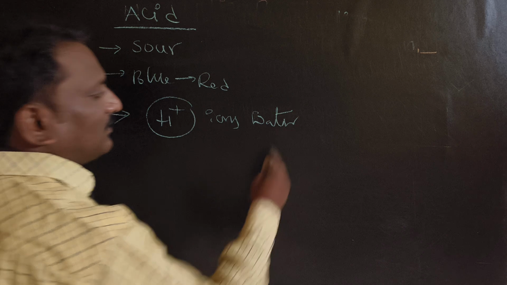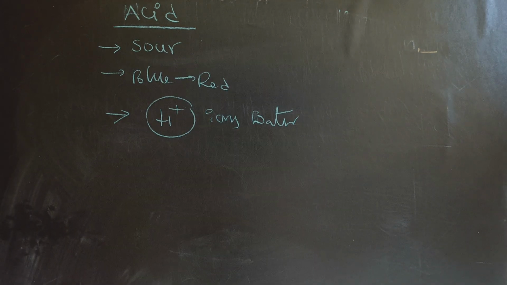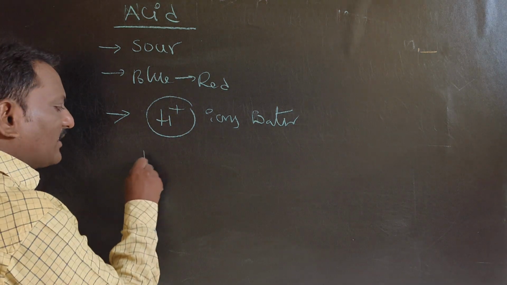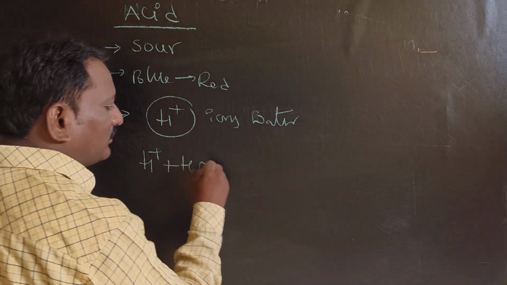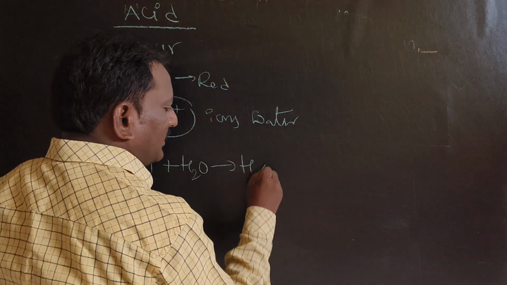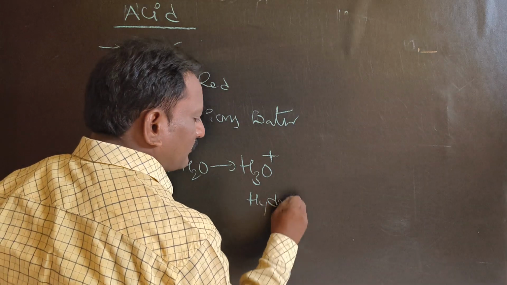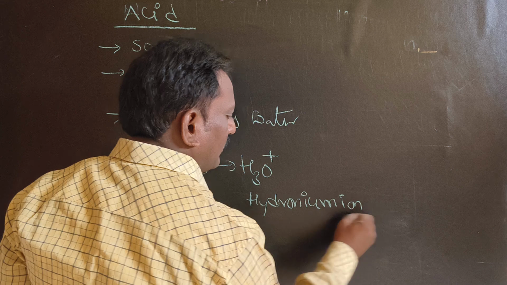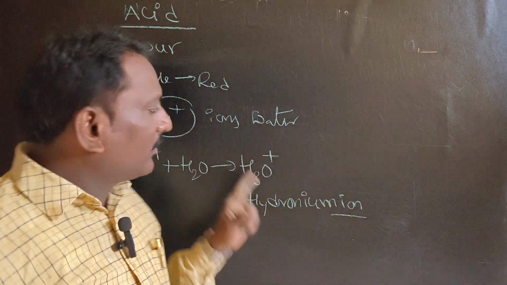The H plus ion is highly reactive. It combines with water and produces the hydronium ion. H3O plus ion is called the hydronium ion.